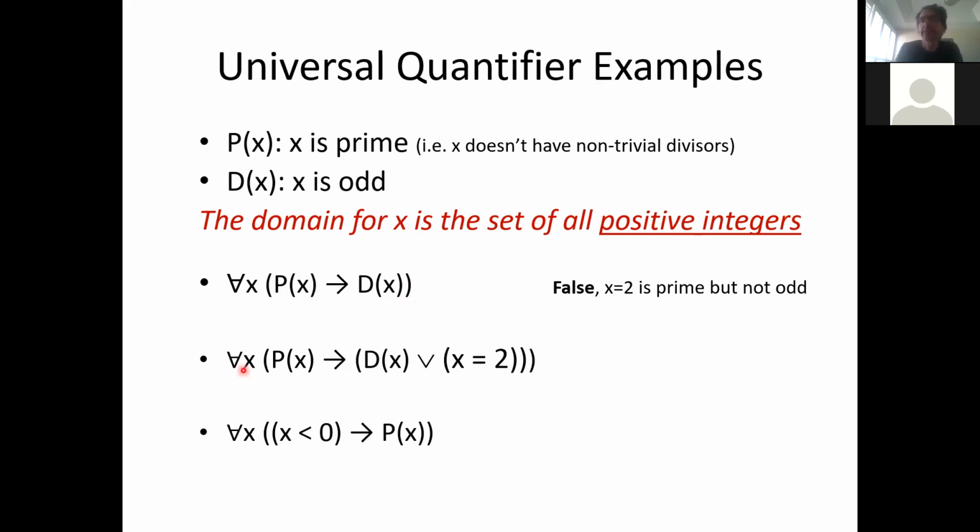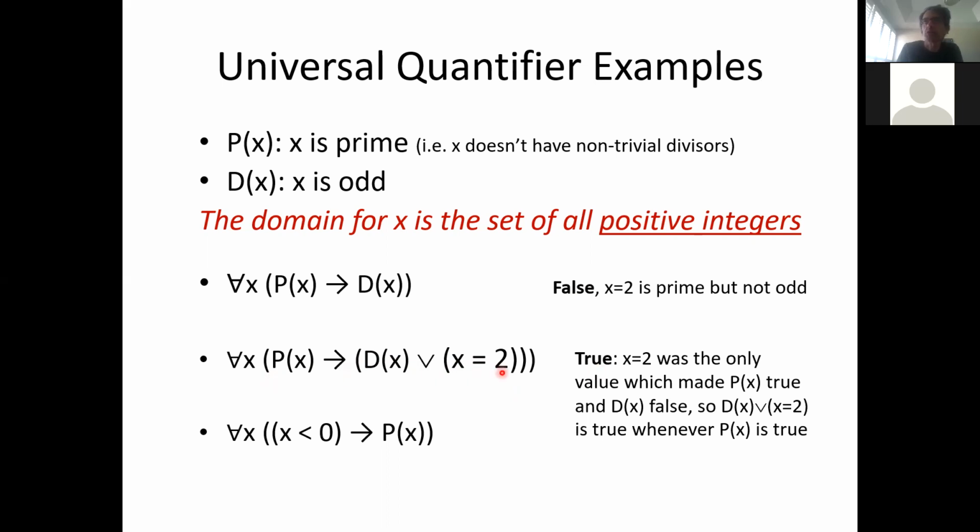Now let's say a modified formula. For all x's, it holds that if x is prime, then either x is odd or x is equal to 2. And now that implication is true, because the only way to falsify this one was to take this one counterexample. The same counterexample now does not work, because it actually makes the consequence true, trivially, about x equal 2.